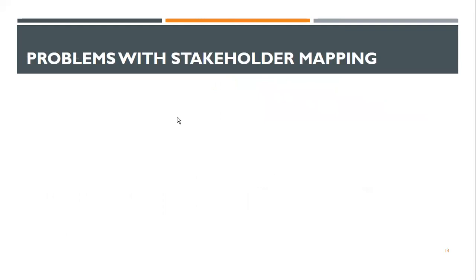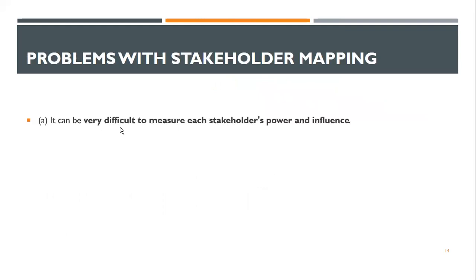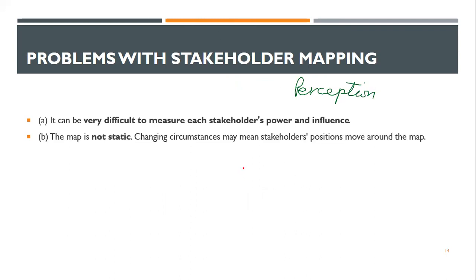Problem with stakeholder mapping is that it can be very difficult to measure each stakeholder's power and influence because it is subjective. Sometimes a lot of perception issues come in. Probably I think that someone has less power, but maybe they have more power. I underestimate the importance. So it's quite a subjective area.